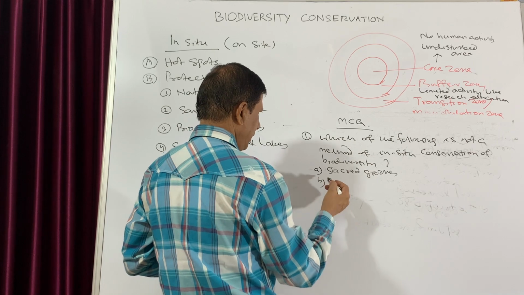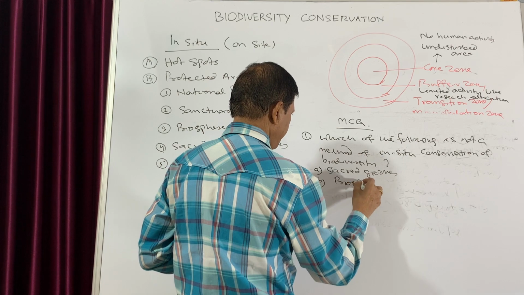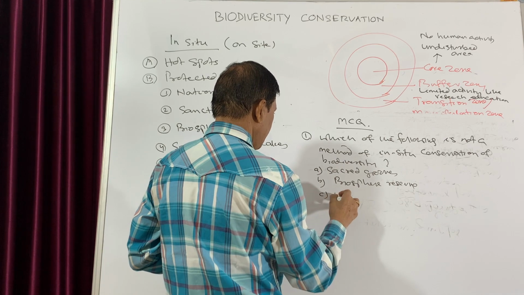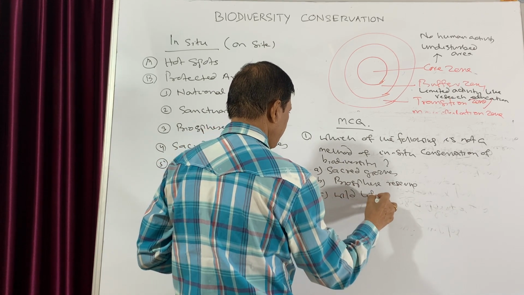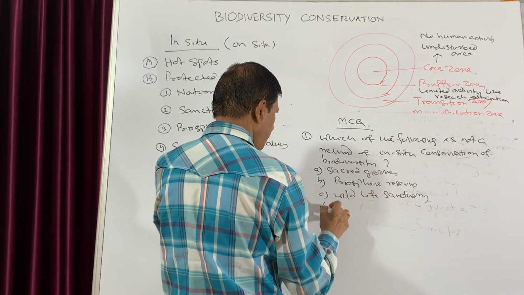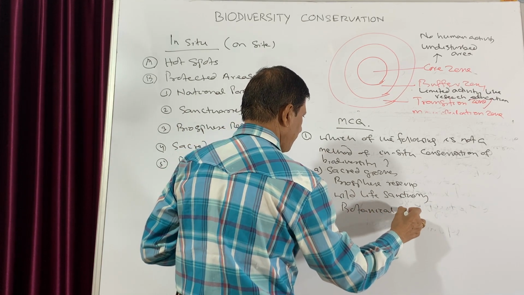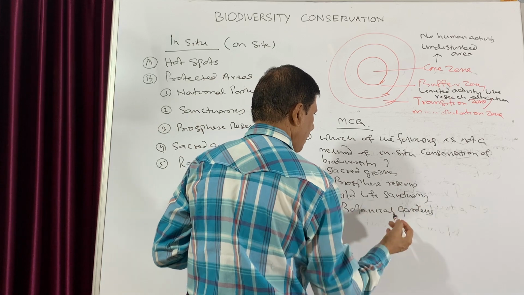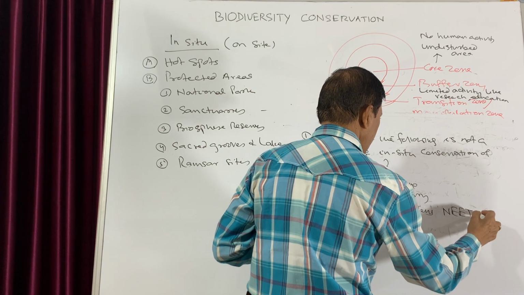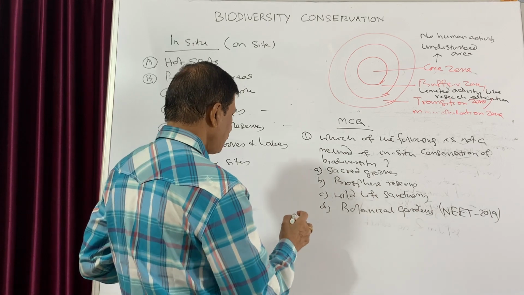The second one is biosphere reserve. Third one is wildlife sanctuary. And the fourth one is botanical gardens. This question was asked in NEET 2019.